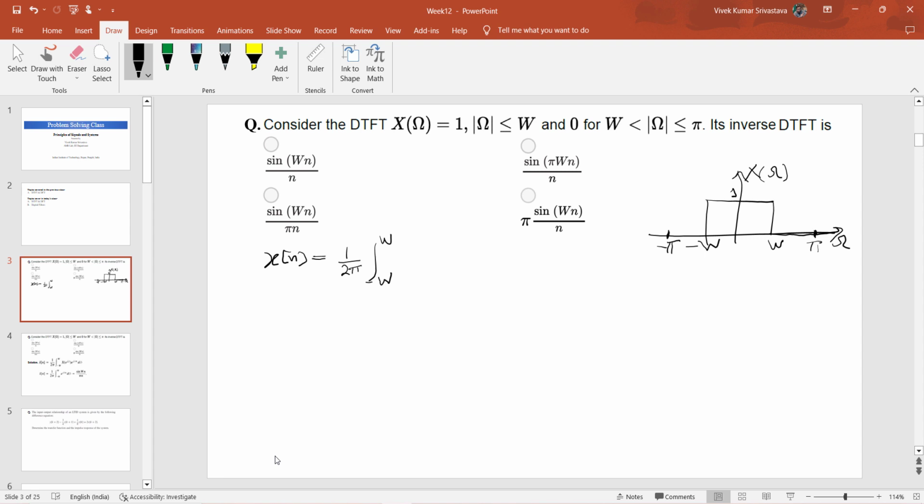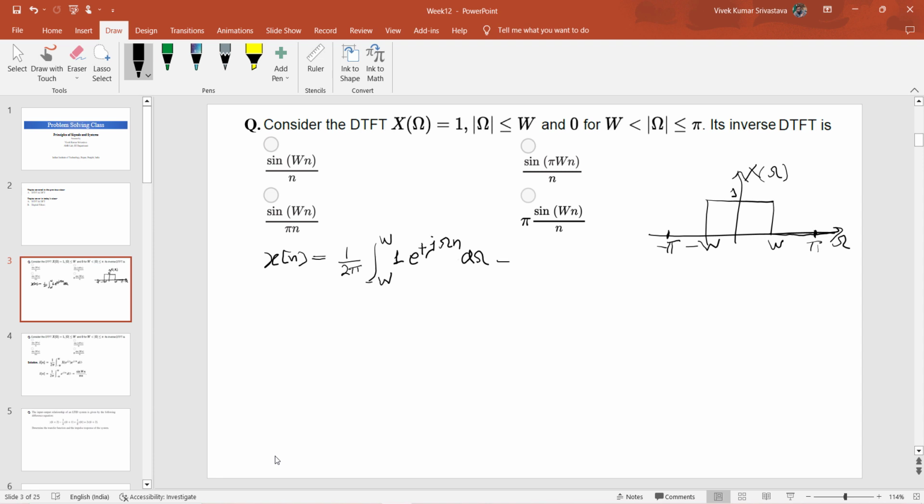Here I am directly taking minus W to W because apart from this range the value of X of omega is 0. So its value will be 1 into e raised to the power, oh sorry, plus j rho n, d rho.